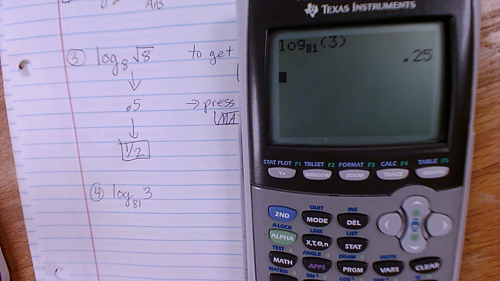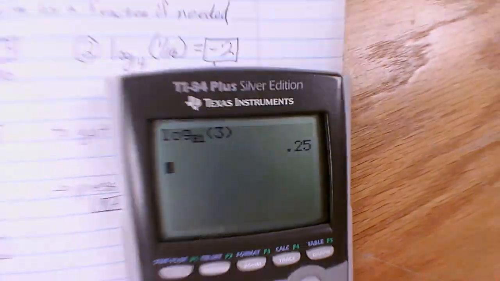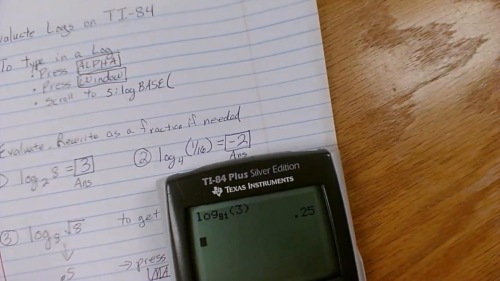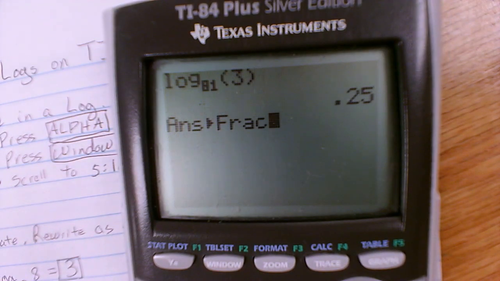I don't want that decimal, I want the fraction answer. Some of you already know what 0.25 is as a fraction, so you don't have to type it in the calculator. But if you don't know, you see that 0.25 on the screen? Press the math button, then pick the first one, and there's your fraction, 1/4.